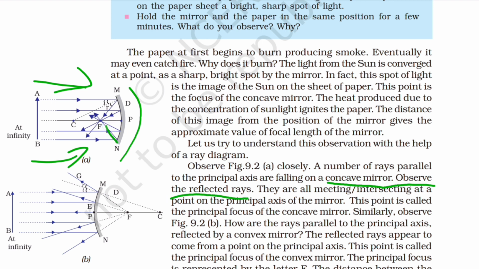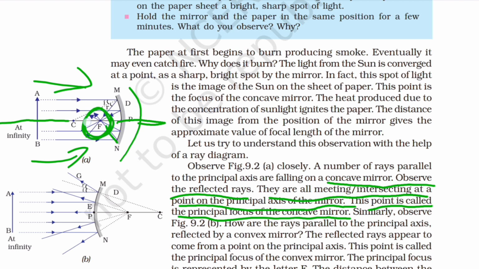All the reflected rays fall on the point F on the principal axis. This line is called the principal axis. They are all meeting or intersecting at a point on the principal axis of the mirror. This point is called the principal focus of the concave mirror.